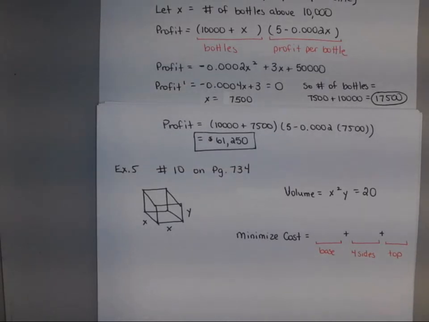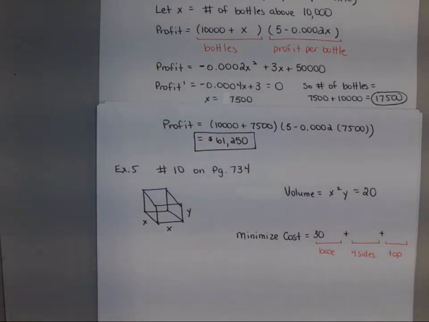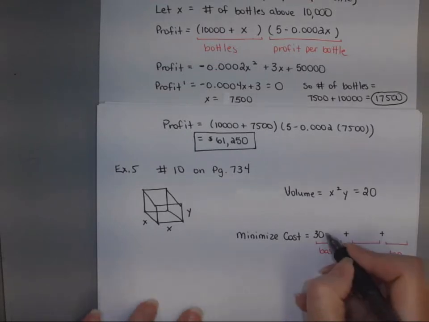So how much is the base going to cost? It's the second sentence. If the material for the base costs 30 cents, okay, so we're just going to say it's 30 cents. And then how would I talk about the measurement of the base? Just that bottom. Well, if I was going area, this is surface area, basically. It'd be x squared, right?